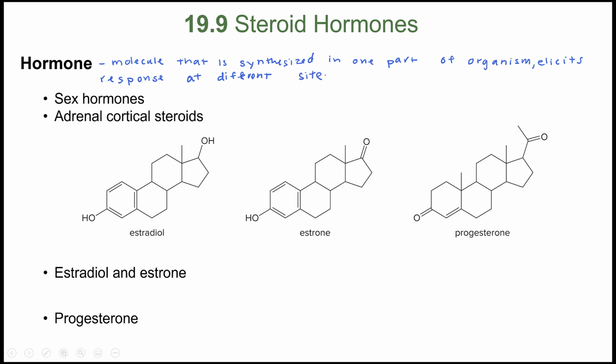So you may be familiar with sex hormones or adrenal corticosteroids. Estradiol and estrone are estrogens that are synthesized in the ovaries. They control the development of secondary sex characteristics in females and also regulate the menstrual cycle.